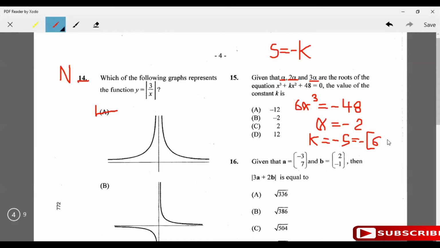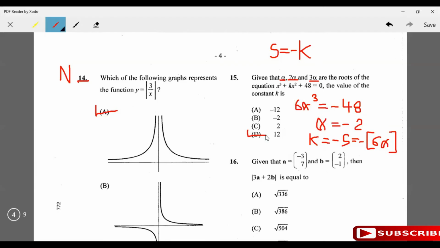So k is minus 6 alpha. But alpha is negative 2, and so negative 2 times 6 is negative 12, times negative 1 is positive 12. And so k is 12. That's the value of k. Very easy question. That's question 15.